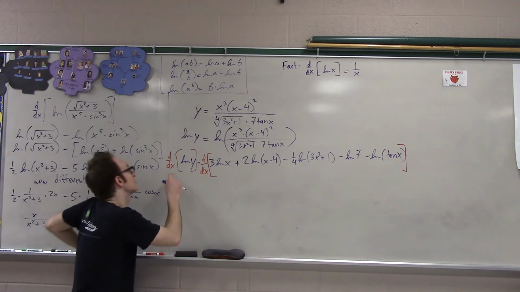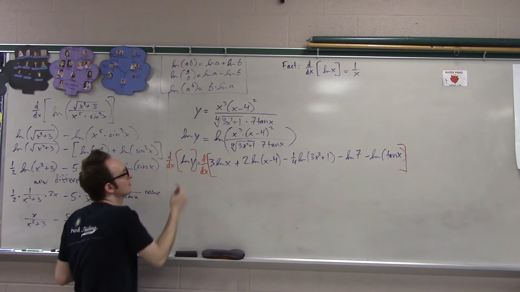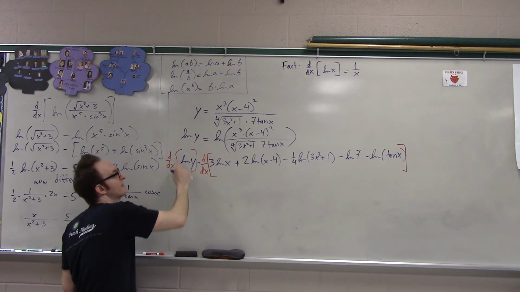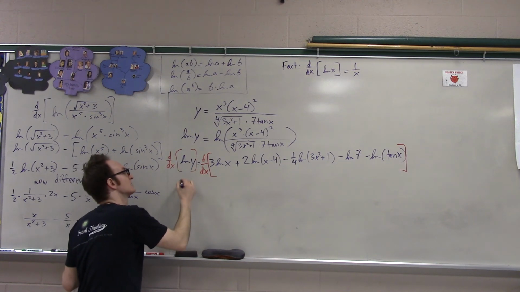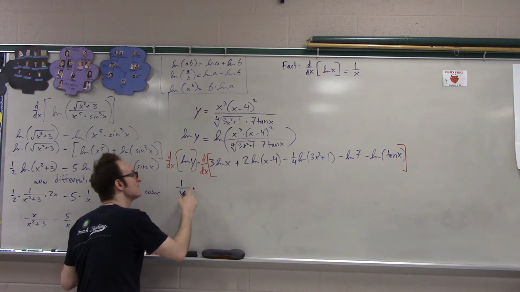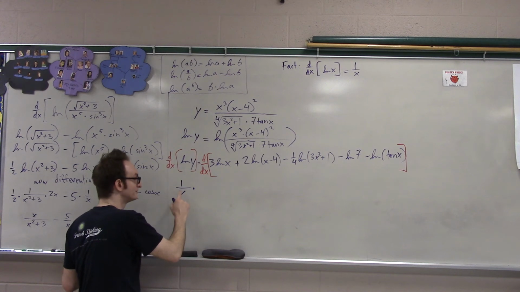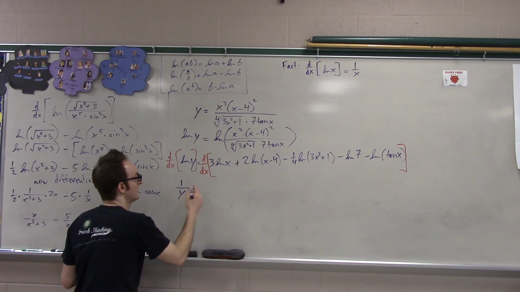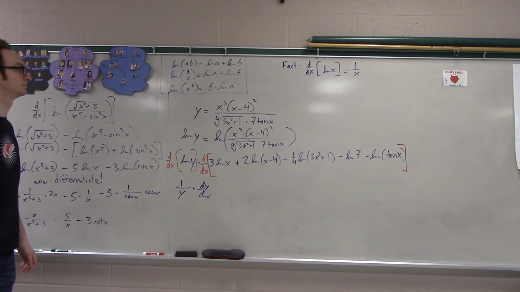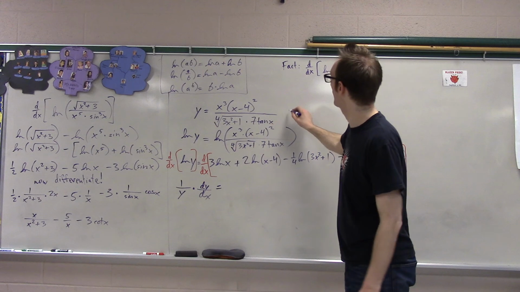And so when I take the derivative with respect to x of ln y, the derivative of ln of something is 1 over the something back inside for the derivative of the something. And the derivative of y is dy dx. And by the way, dy dx is the thing that I wanted, right?